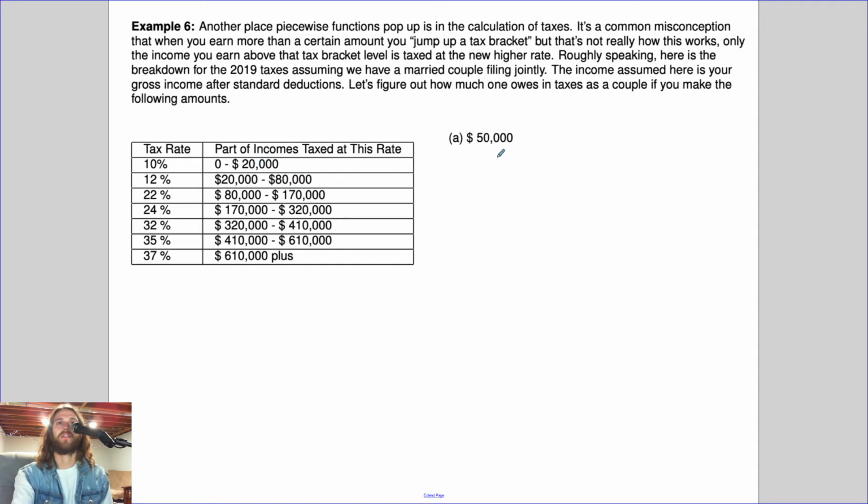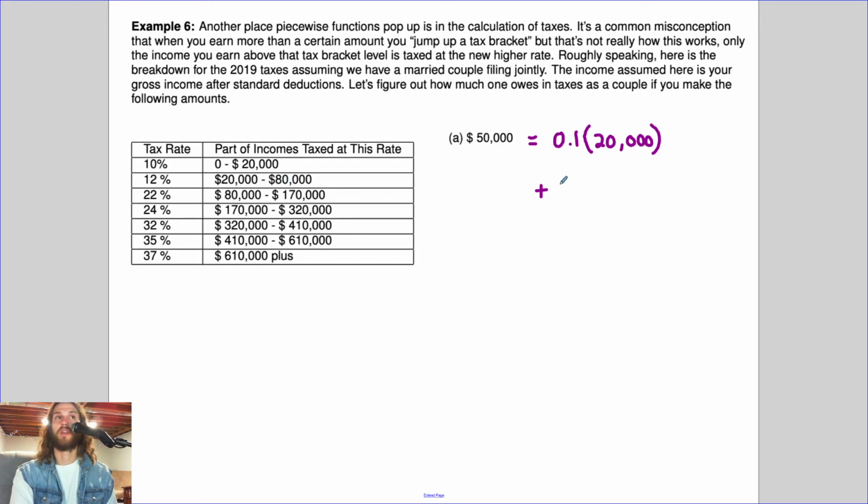So this couple is going to pay 10% on the first $20,000. Now, that's a fixed amount for anybody that makes more than $20,000. They're going to pay 10% for the first $20,000 plus, and this is kind of sloppy, plus, how much do they have left? 30, but 30 is not going to exceed the 80 limit there.